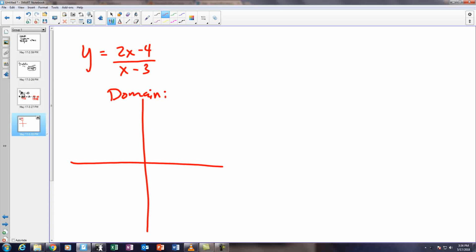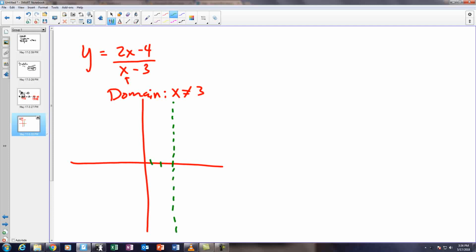The issue is you're not allowed to divide by 0, so whatever would make the denominator 0 is what we're going to restrict. And so if x happened to be 3, the denominator would equal 0. So x is not allowed to be 3. That's the only real restriction. And the nice thing about that is that's also where we put the vertical asymptote. So if I come out to 3, there needs to be a visual break in the graph there.